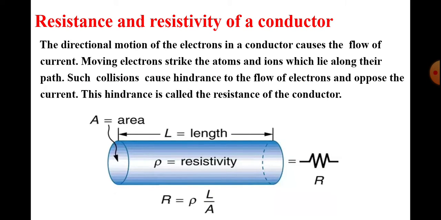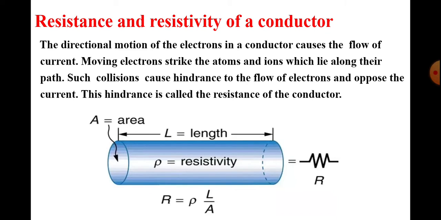Resistance and resistivity of a conductor. There are a large number of free electrons in a conductor. They are constantly in random motion. When a potential difference is applied between the two ends of the conductor, these electrons start moving from the end at lower potential to the end at higher potential.